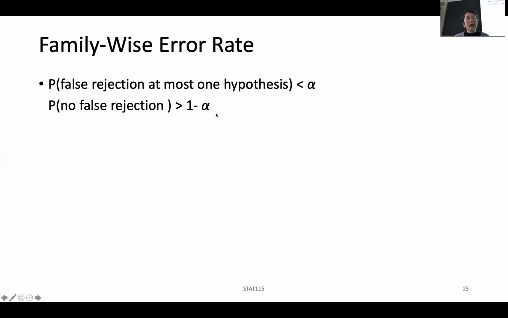If I want to control the family-wise error rate at 0.05, it means that for whatever number of genes I call, the probability that even one of them is wrong is lower than 0.05, and then I have to use a much more stringent p-value on each individual gene.